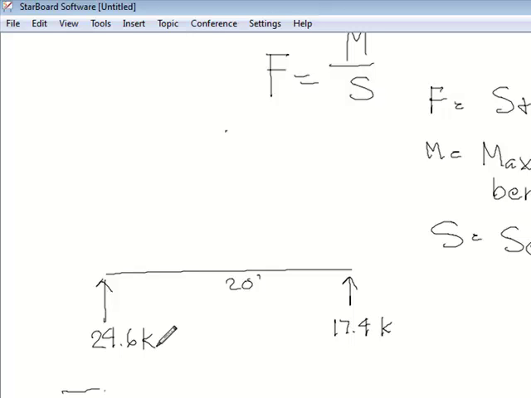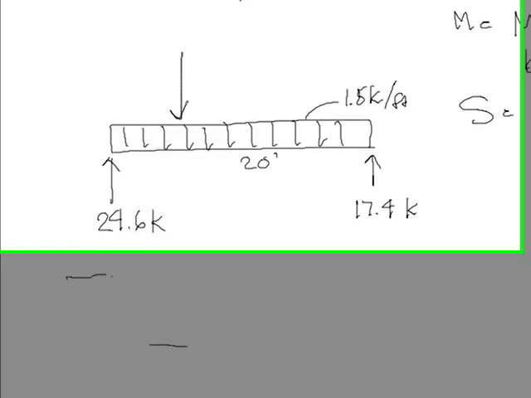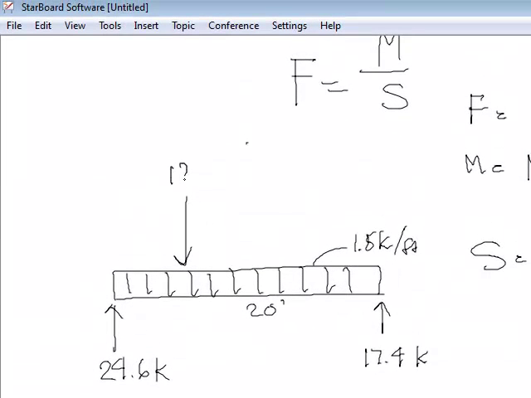It's got a uniformly distributed load of 1.5 kips per foot. It's also got a concentrated load right here of 12 kips. And that concentrated load is 4 feet from that end and 16 feet from that end.